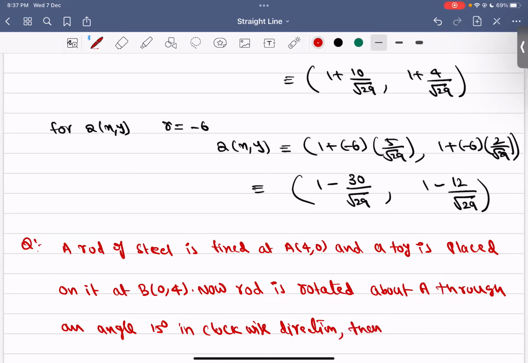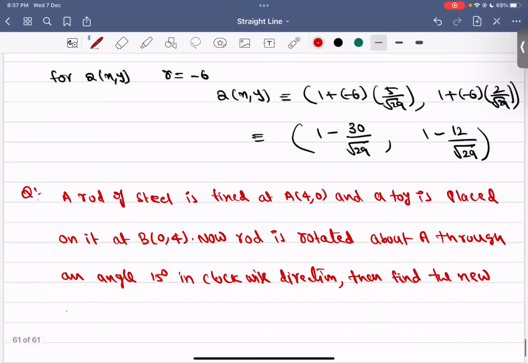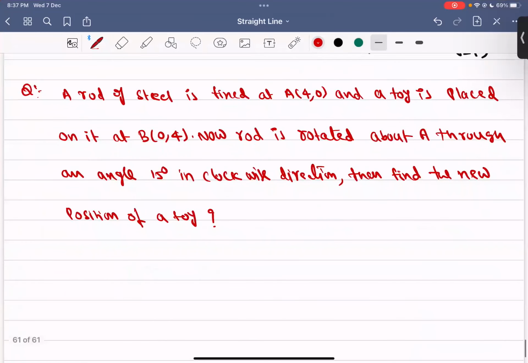Then find the new position of the toy. This is the question: find the new position of the toy.